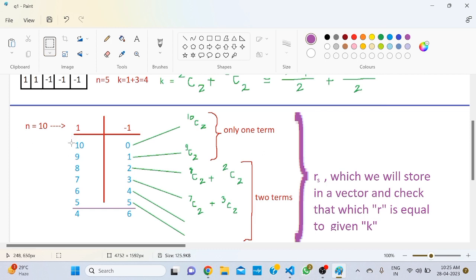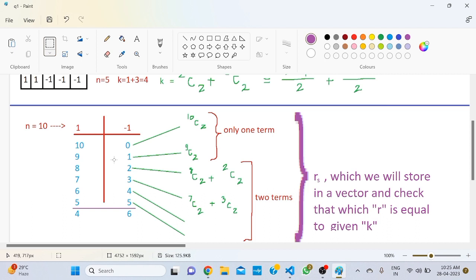Either we can put all 10 elements as 1 and nothing as minus 1, or we can put 9 elements as 1 and 1 element as minus 1, or we can put 8 elements as 1 and 2 elements as minus 1.